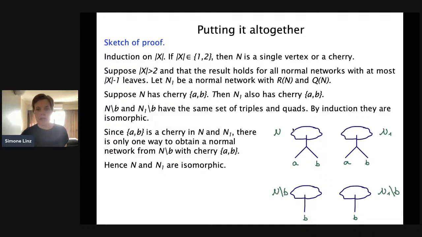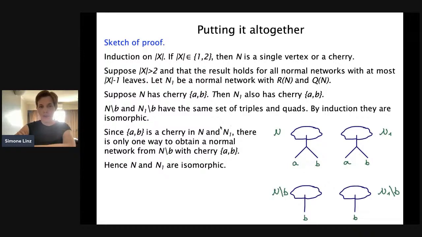It's not too exciting. What happens if we have at least 3 leaves in the leaf set? So suppose the cardinality of X is strictly greater than 2, and that the result holds for all normal networks whose leaf set size is at most the cardinality of X minus 1.